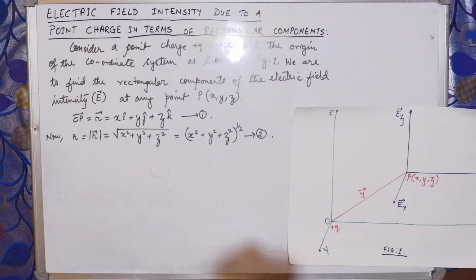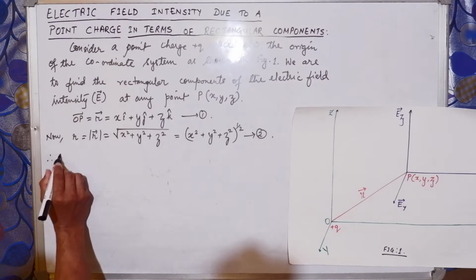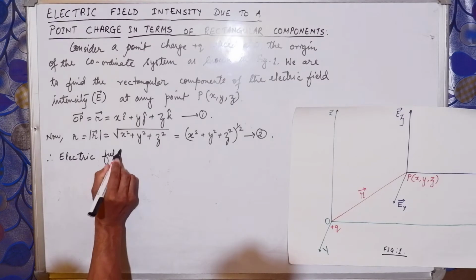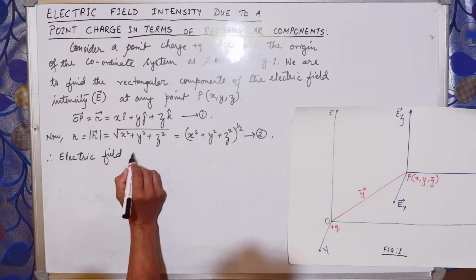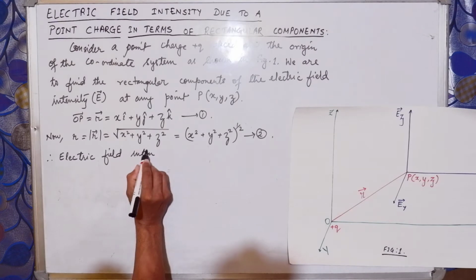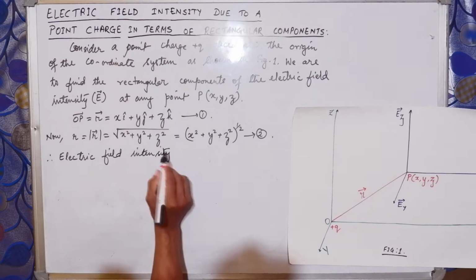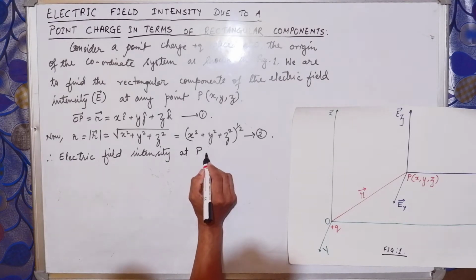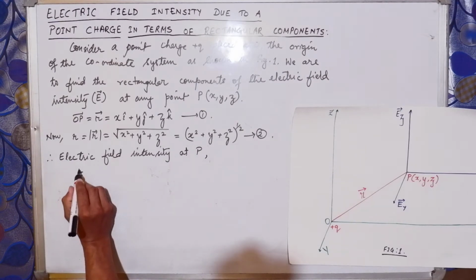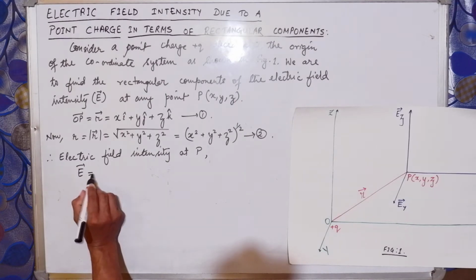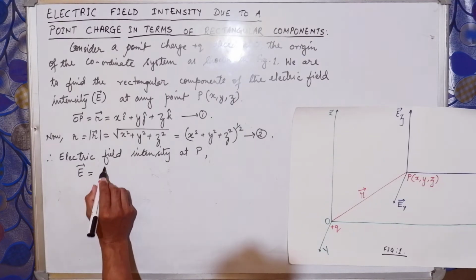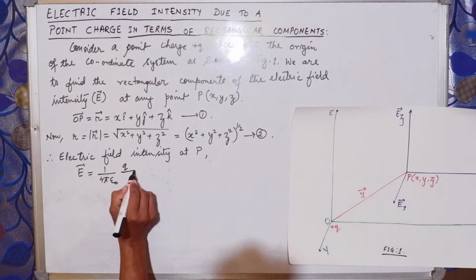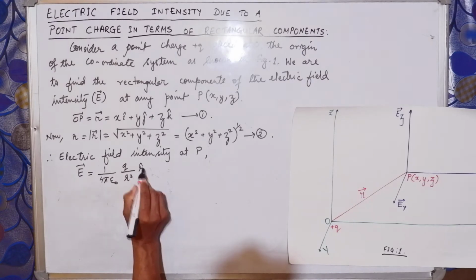Therefore the electric field intensity at P is given by E equal to 1 by 4 pi epsilon naught Q by R square R cap.